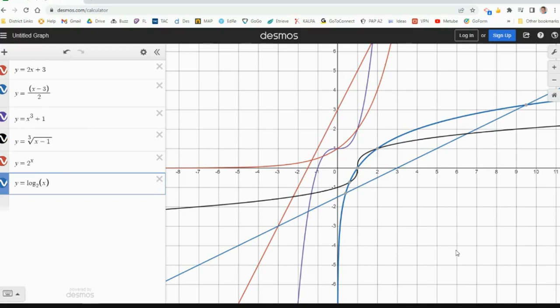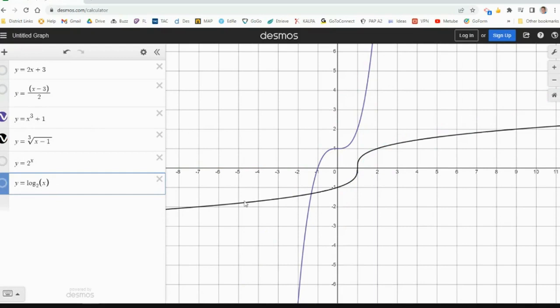They kind of look like mirrors. Yeah, they are. The question is, if they're a mirror, what are they reflecting over? What's the middle of the mirror? It's not the y-axis. It's not the x-axis, right? If we turn off some of these so we can see just two of them, that's not reflecting over the y-axis. That's not reflecting over the x-axis.